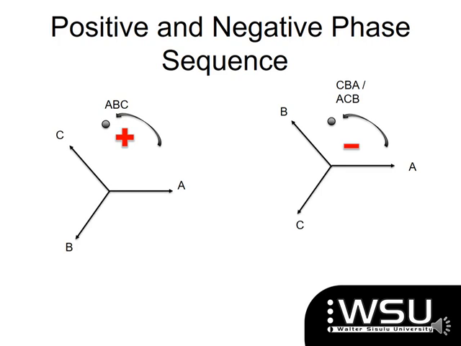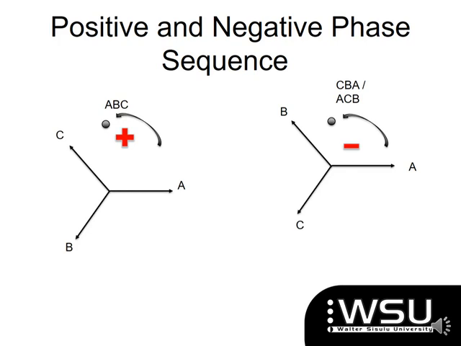And then your axis must rotate in an anti-clockwise direction, just like I've shown with that arrow there beneath ABC. So when I rotate my axis through that dot over there, it must go through that dot, A phase first, followed by B phase, then followed by your C phase.